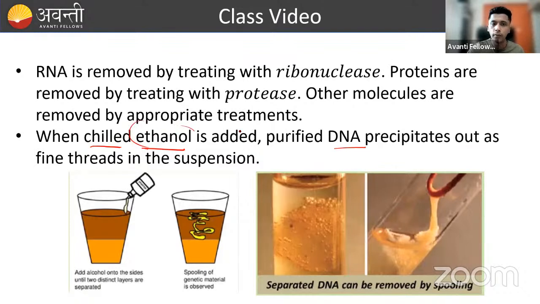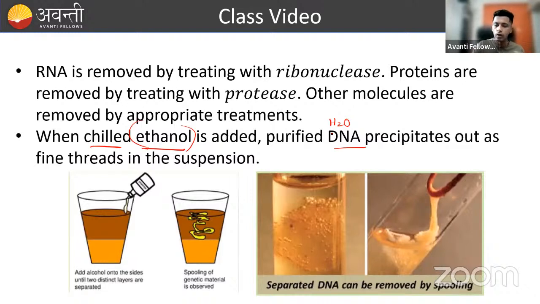The chilled ethanol removes the excess water molecules from the DNA, making it precipitate out in the form of fine threads.